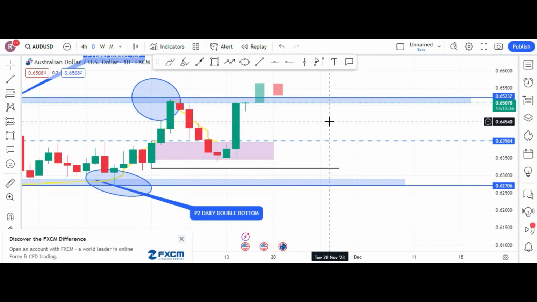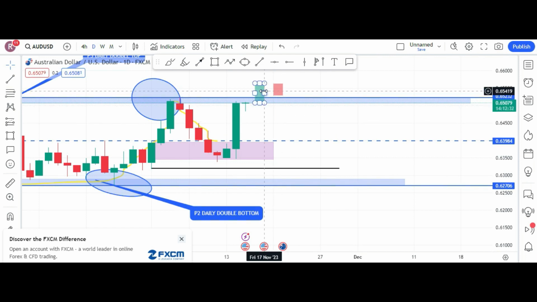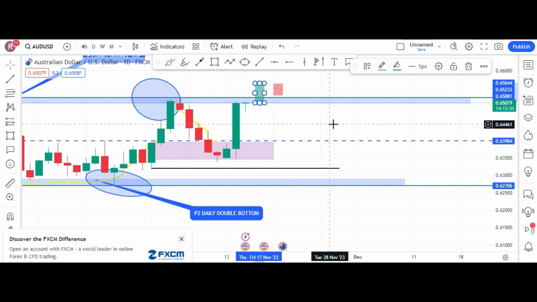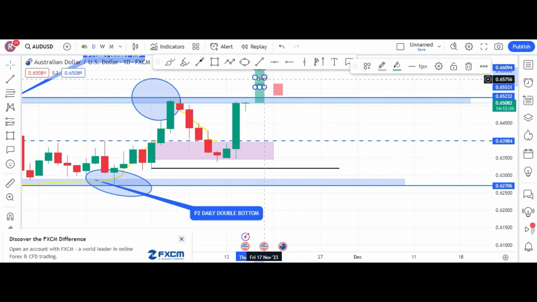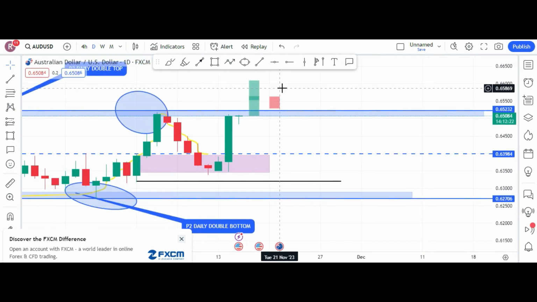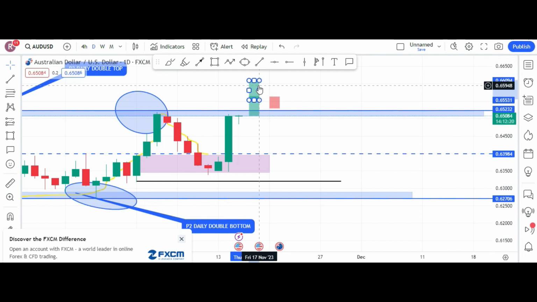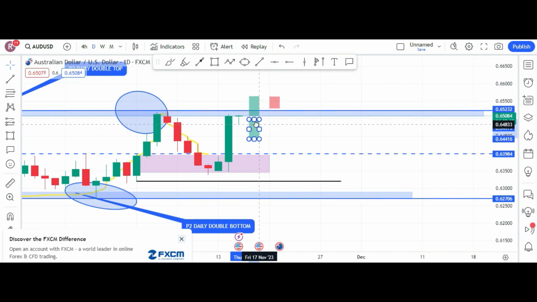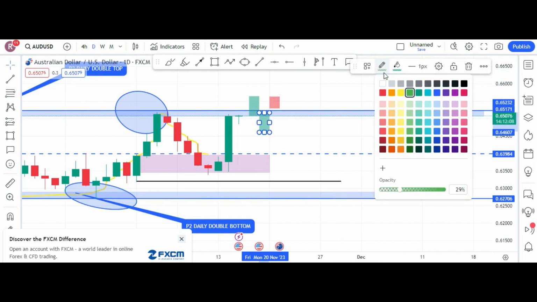On the flip side, let's say for any good reason we have a red candle here. You see, let me draw it here so you understand. We have a red candle here. Let me make it red.